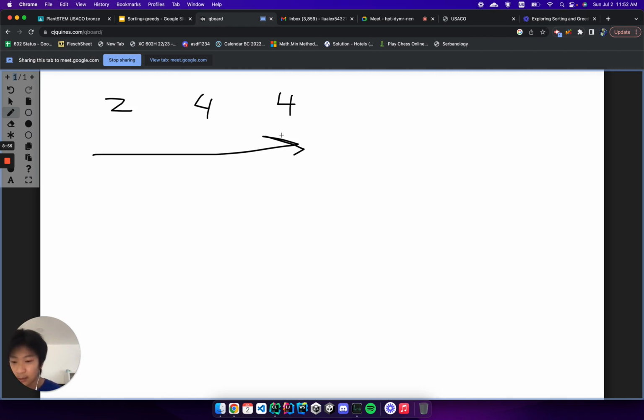Basically, we're forced to change if, as we go, the value before it is like, okay, wait, how do I explain this? So we're forced to go backwards if the previous value is still greater than 1. Or still greater than 0.